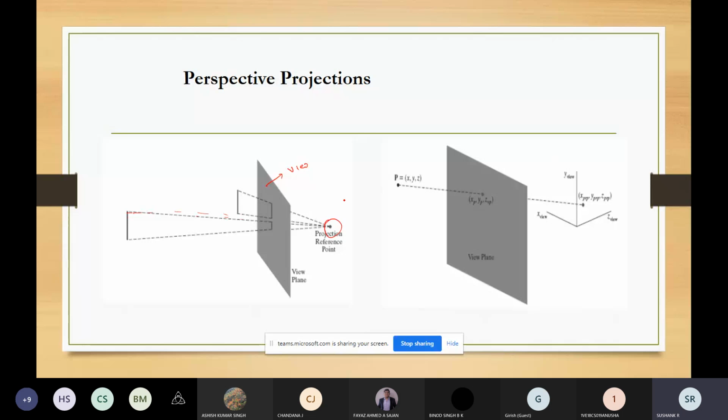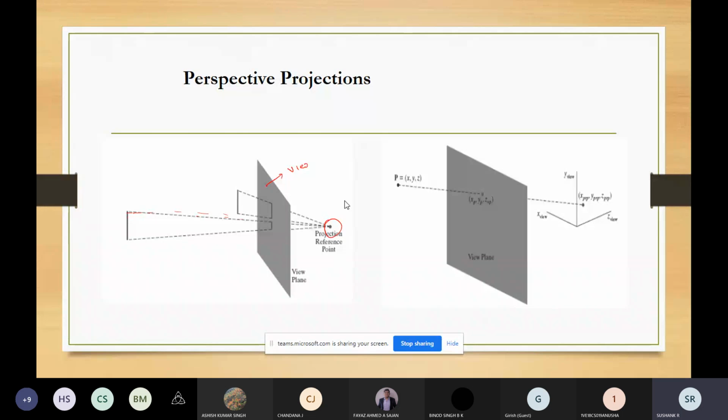So here we are approximating the object by projecting it to the view plane along the converging path to some position beyond the view plane, which we call the projection reference point.